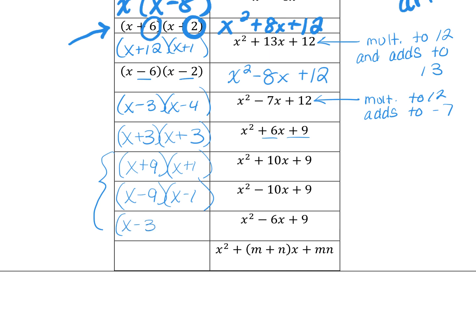And then similarly for the last one I had you do on your own, multiplies to a positive, but adds to negative 6. So for this last one, they multiply and add. So what this is going to factor to would be x plus m and x plus n.